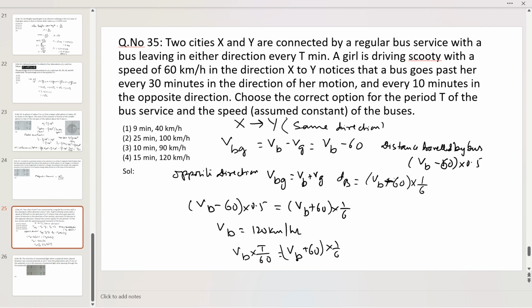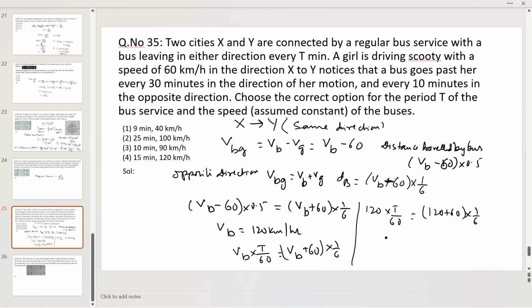So 120 into t by 60 is equal to (120 plus 60) into 1 by 6.